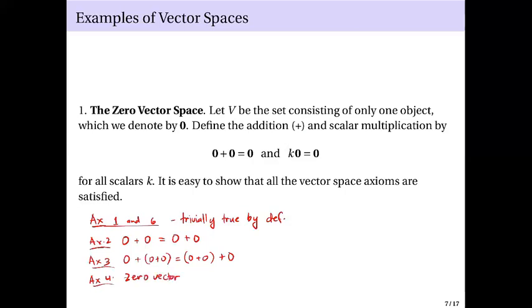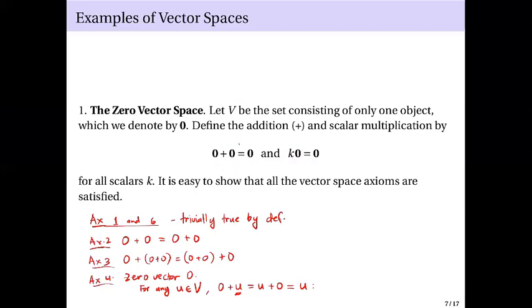And that's just your 0, because for any vector u in the set V, 0 plus u equals u plus 0, which is equal to u. And the only choice for your u is just your 0. And then again, you will go back to this here.